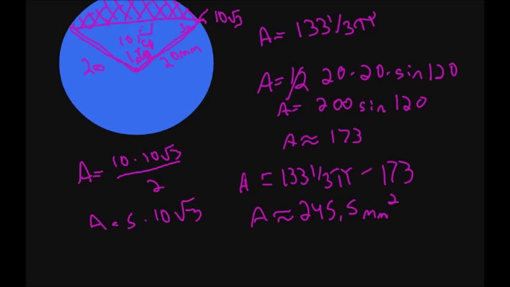So 5 times 10 square roots of 3 is going to give us 50 square roots of 3. So if you needed the exact answer, instead of 245 and 5/10, our exact answer would equal 133 and 1/3 pi minus 50 square roots of 3.